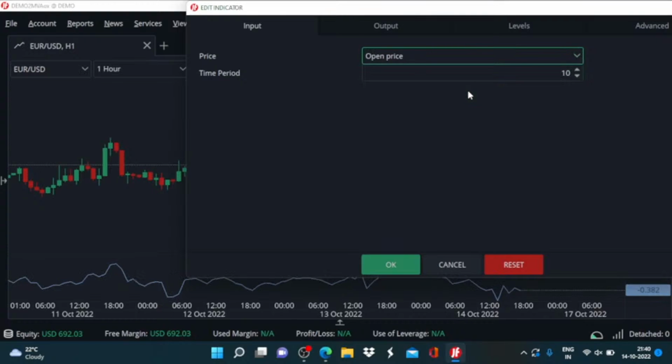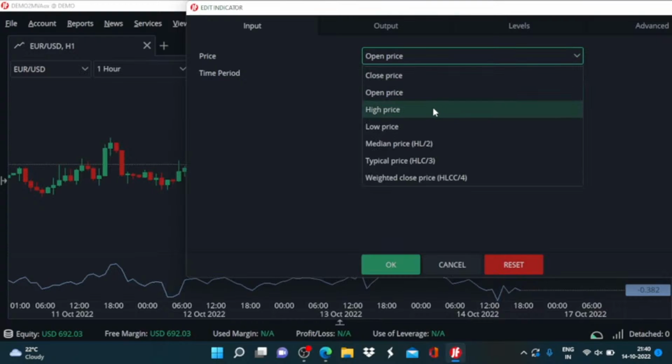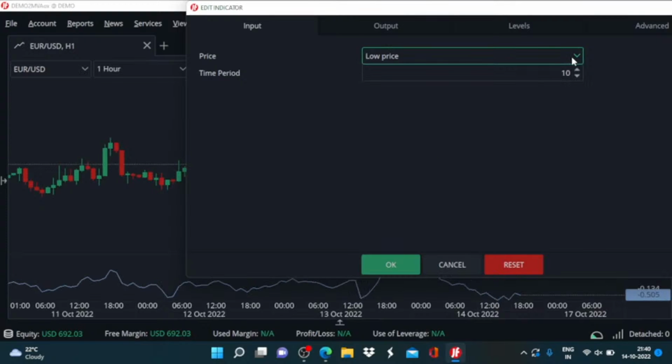calculation of the indicator. Now, if you want to get involved in the long trade in the first instance of the reversal, then it is better to use the high price for figuring out the rate of change. And if you want to be early enough to catch the bearish drift, the bearish turnaround in the trend, then in that case, the low price is likely to do a much better job.